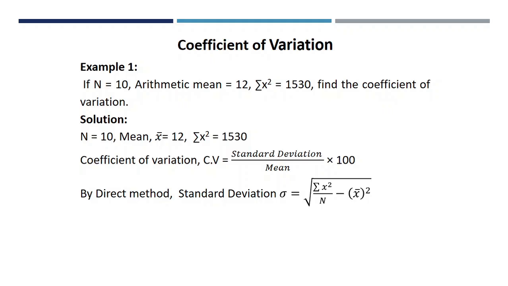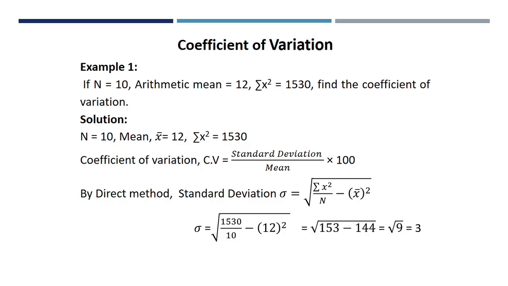Sigma x square is given, x bar is also given, and n, the total number of elements, is 10. We can calculate the standard deviation as square root of 1530 divided by 10 minus 12 square, which is square root of 153 minus 144, that is square root of 9, equal to 3. So the standard deviation of the given distribution is 3.